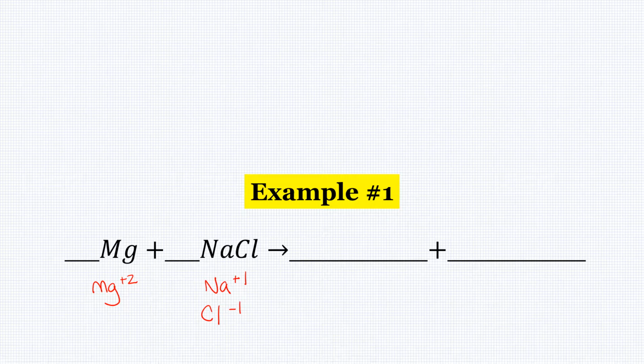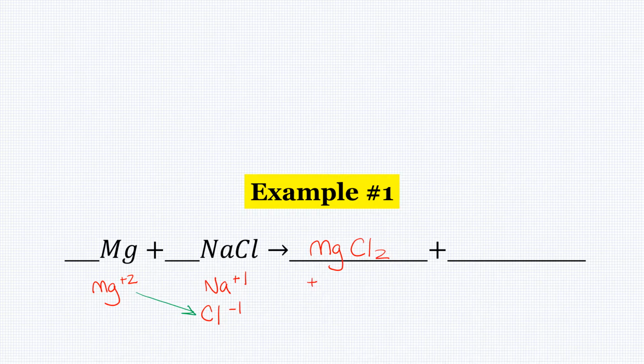Okay? So magnesium wants to replace something, and the only thing that it can pair up with is chlorine, because chlorine has a negative charge. It's an anion. Again, our cation wants to pair up with an anion. So when we pair these up, it's going to be magnesium chloride, and in order to get these charges to balance, I need chloride to have a subscript of 2.